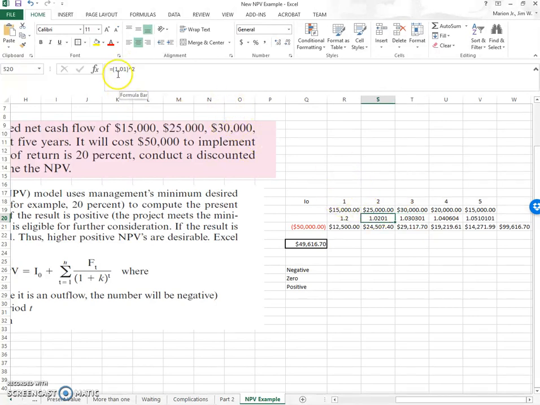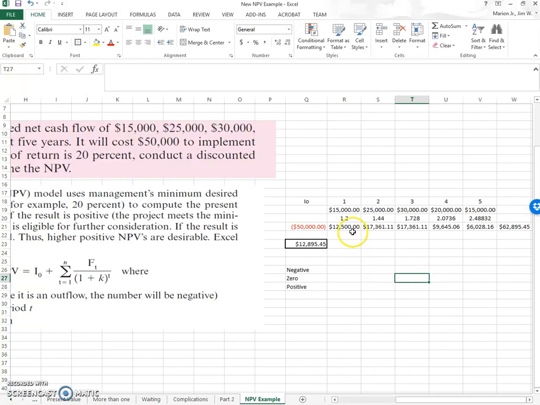We'll go back to where we were with a 20% discount rate in each case. Sorry, that's 1.02, not 1.2. All right, and in your spreadsheet, it's just a matter of entering these in. Now we're back to 1.2 in each case. All right, and we're back to our original NPV of 12,895.